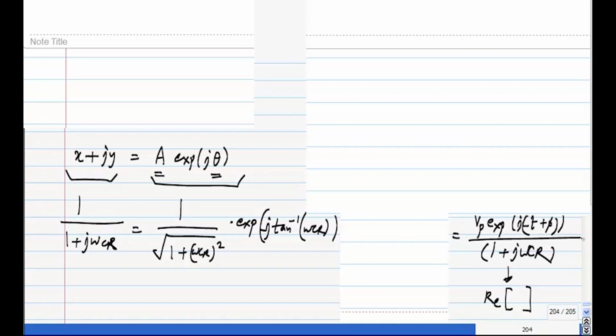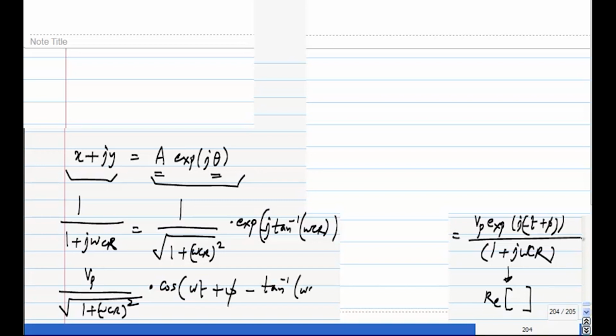So finally the response to this turns out to be Vp by square root of 1 plus omega CR square, and cos of omega t plus phi minus tan inverse omega CR. So you apply a sinusoid to a linear system.